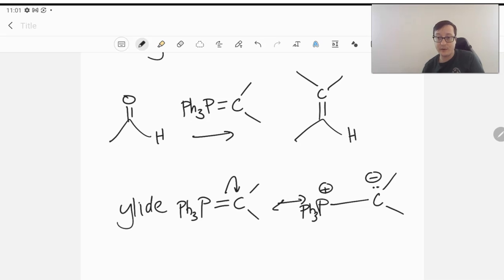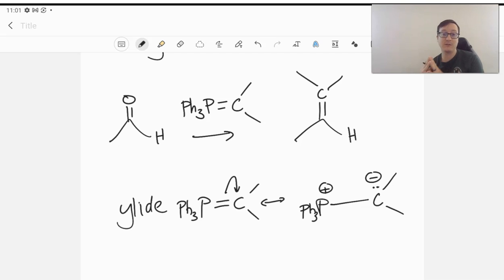And that phosphorus has 3 phenyl groups on it. There are variations, of course, of what ligands you have on the phosphorus. But we see here we have a negative carbon directly attached to a positive heteroatom, and this is called an ylide specifically.